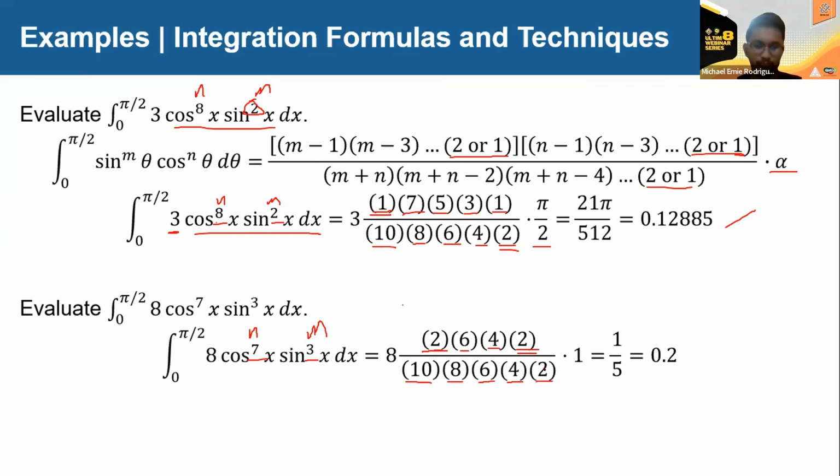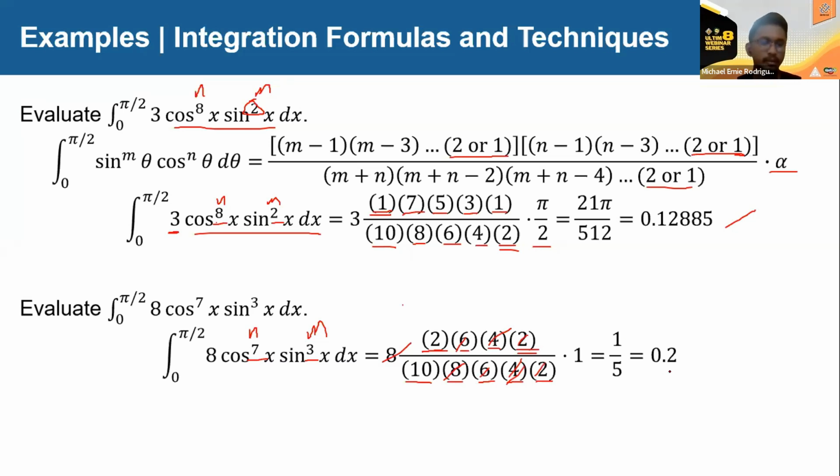So we have, cancel, cancel yung 8, cancel yung 6, cancel yung 4, cancel yung 2. Diba, daming cancel. Natira ay 2 over 10, that is 1/5, or that is 0.2.